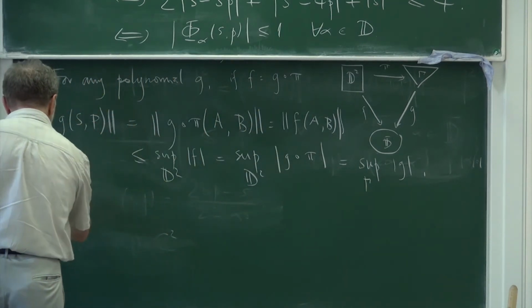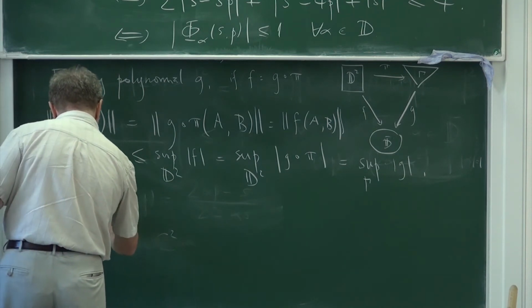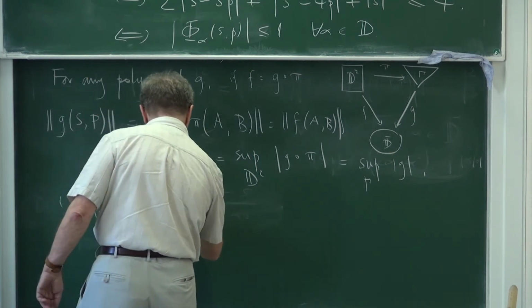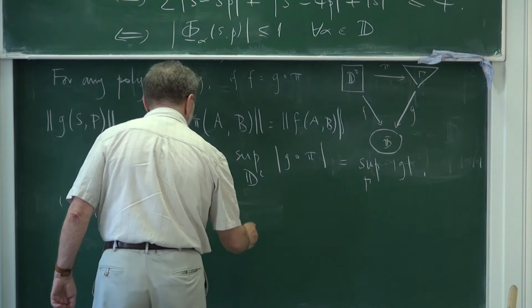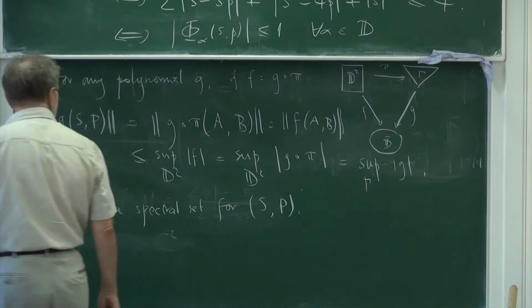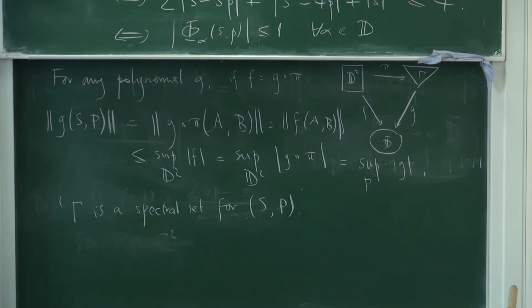And that's sometimes expressed by saying that gamma is a spectral set for S comma P. And that's such a nice property that it deserves a name.